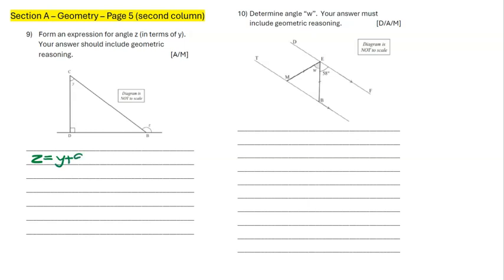Y plus 90 degrees. And that there is external angle of a triangle equals the sum of the opposite two.